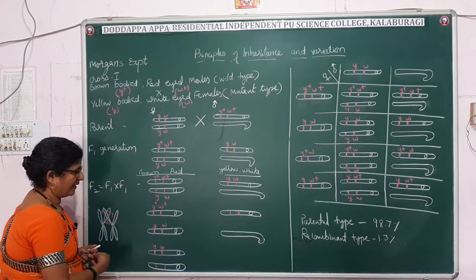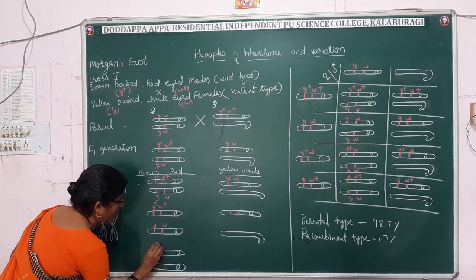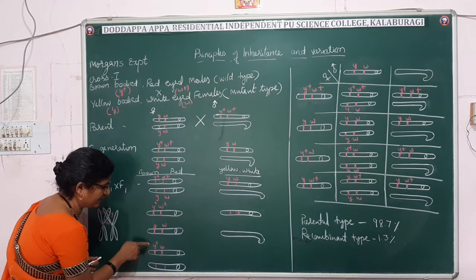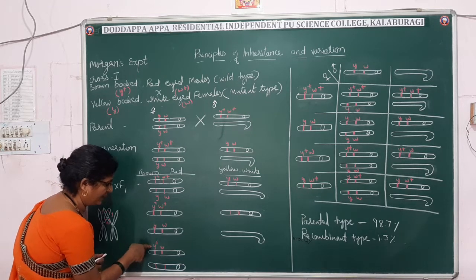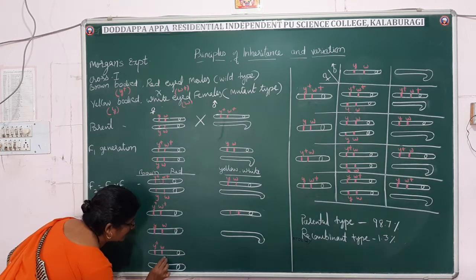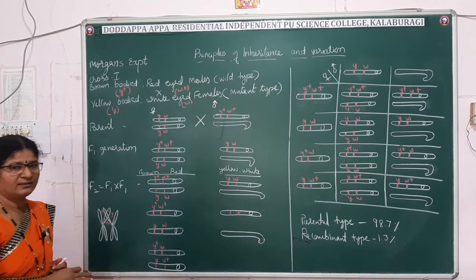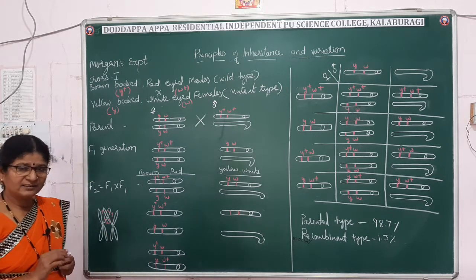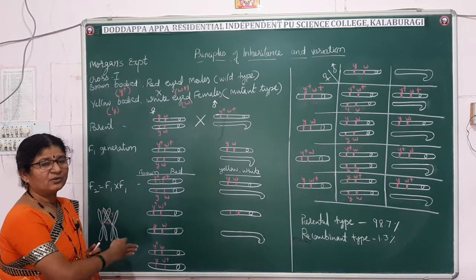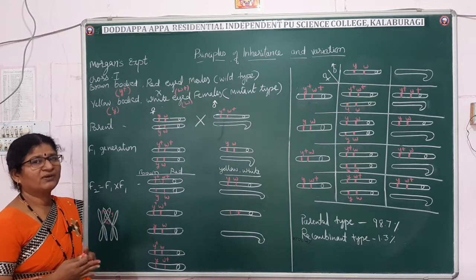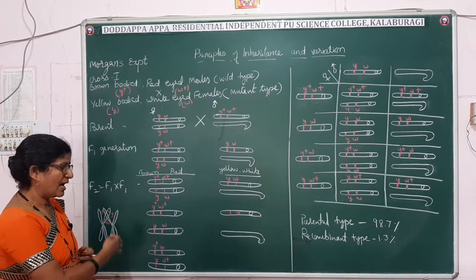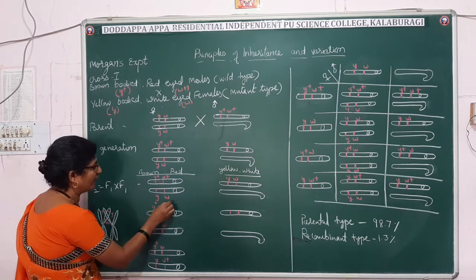So they will get separated. 50% of them will receive Y dominant and 50% of them will receive W dominant. So it is an easy way to write the gametes. In NCERT the gametes are not written, that is why usually we get confused. So I wrote the gametes here.